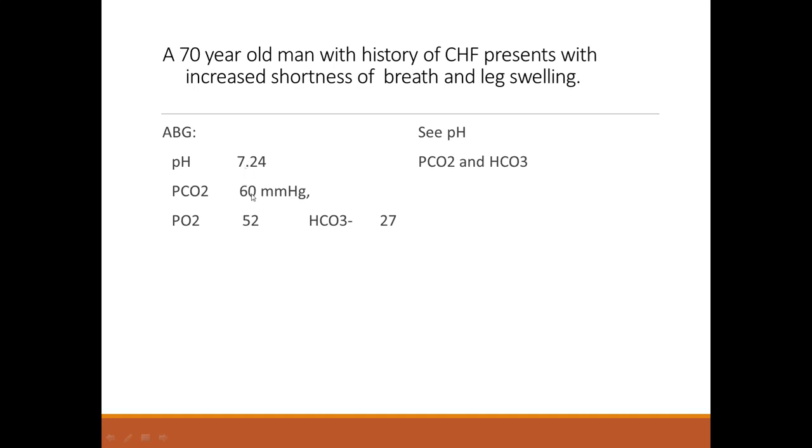And if this is a single disorder, the compensatory rise of the bicarbonate above 24 should be expected, between 24 and 27, with hypoxia as well. And what is the diagnosis? This is acute respiratory acidosis, likely secondary to pulmonary edema.